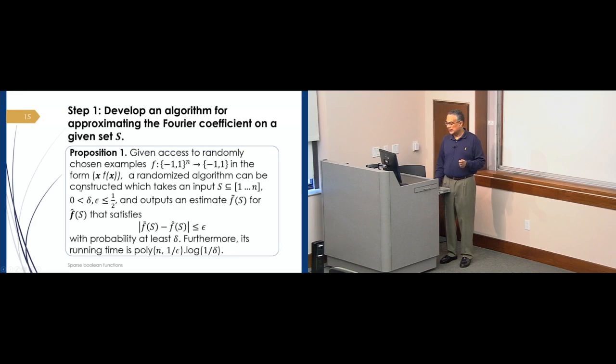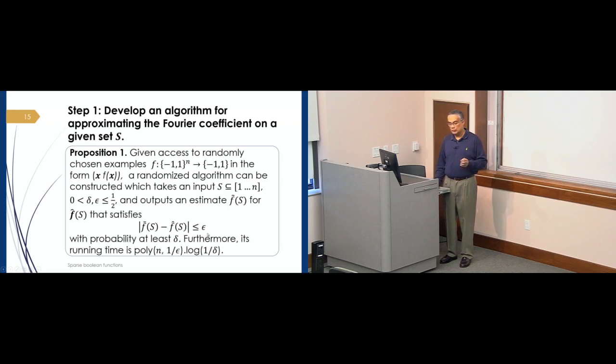And we'll show that it can be constructed, which takes as inputs the set S, and for some delta value and epsilon value that you give me, outputs f tilde, so that the difference between f tilde and f hat is less than or equal to epsilon with probability at least delta.